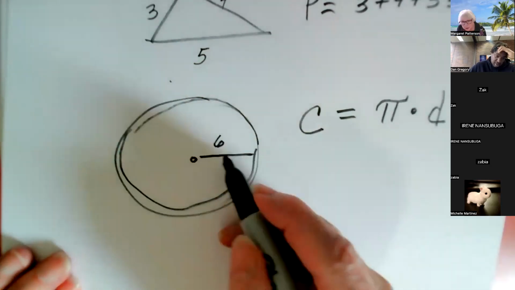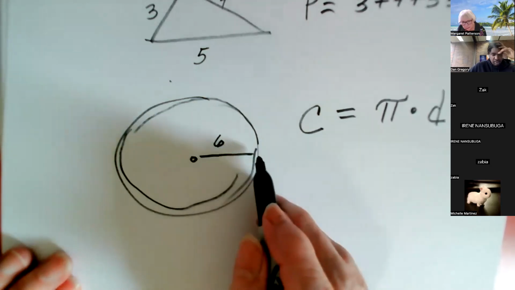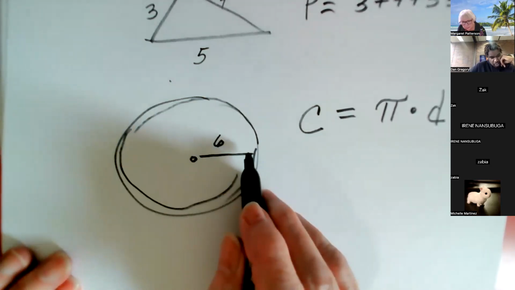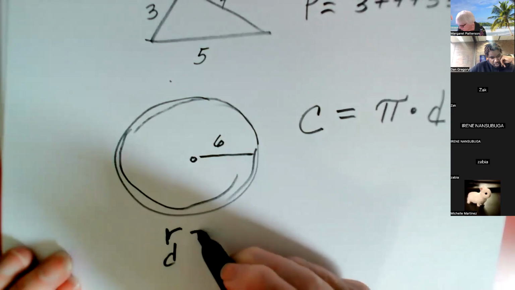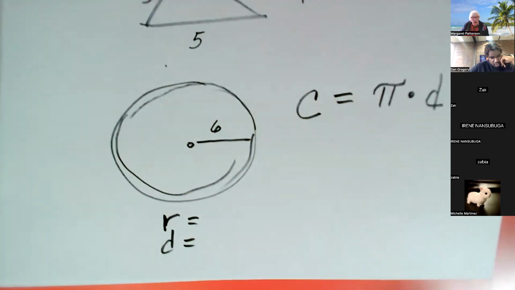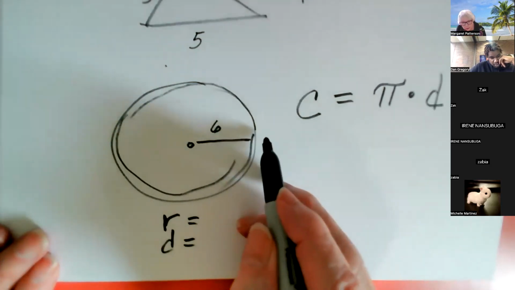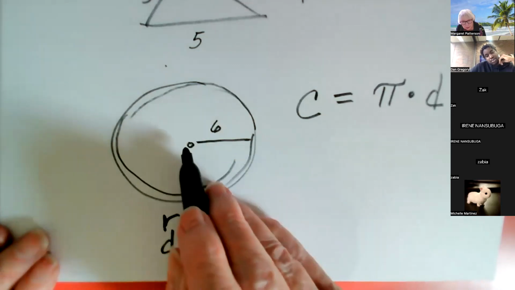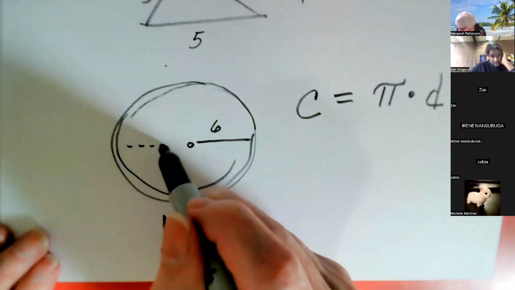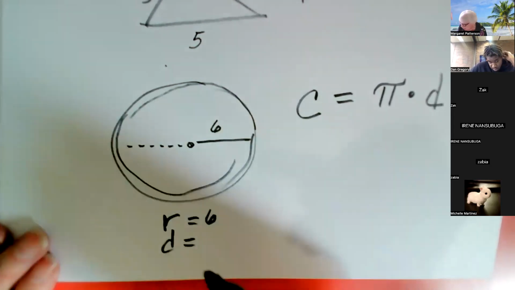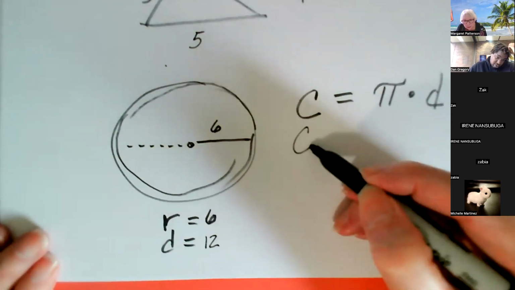Okay. So what is this 6? What's the word for that? Radius. The radius is from the center out. The radius is 6. What's the diameter going all the way across? 12.